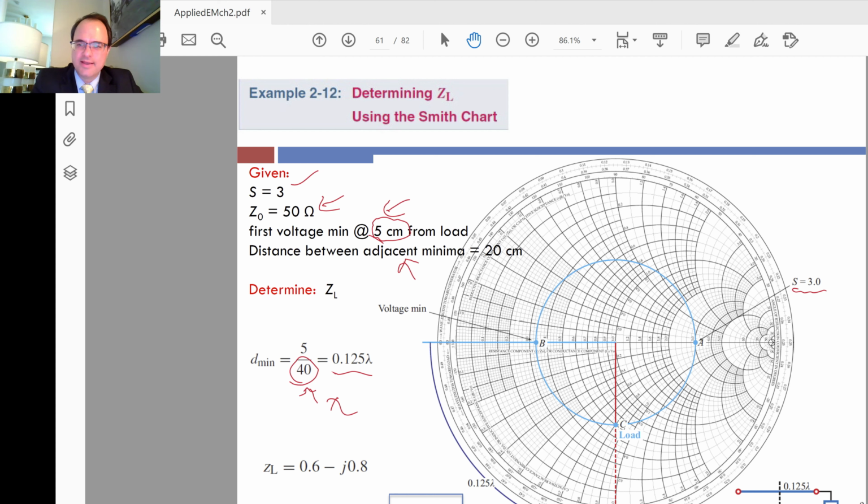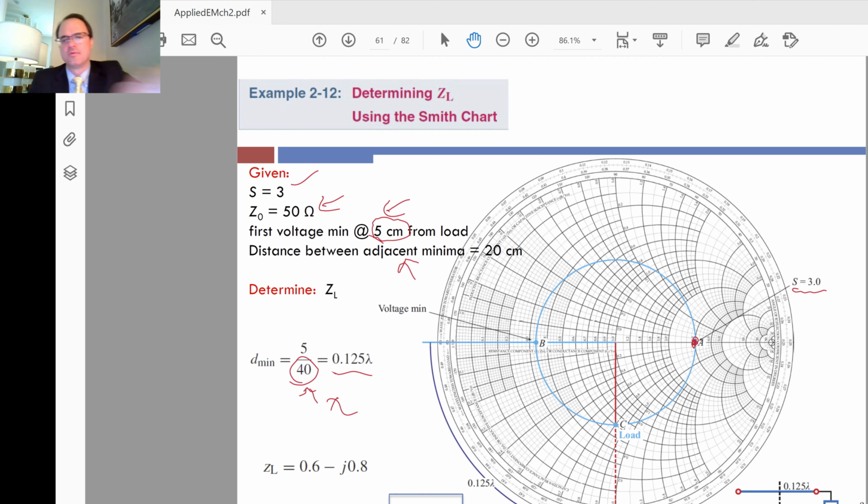And we know that we've said before that S is equal to R where the circle crosses the real axis. So we determine what this R is. This S is equal to 3 right there, and that's what R is at that location.